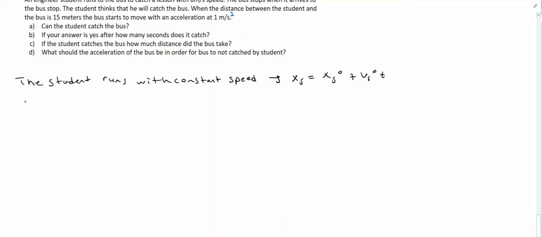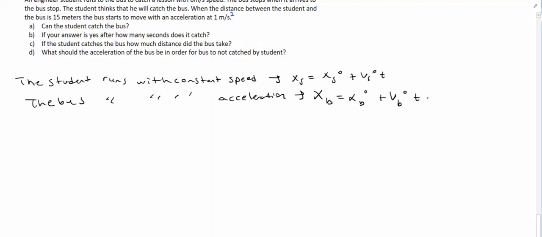Okay, and the bus runs with constant acceleration, and xb is equal to xb0 plus vb0 t plus 1 over 2 a t squared.